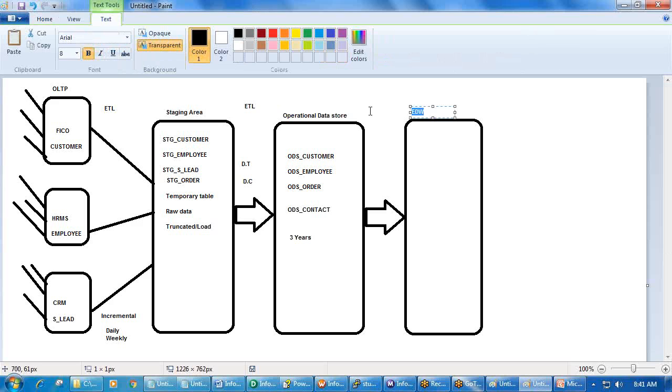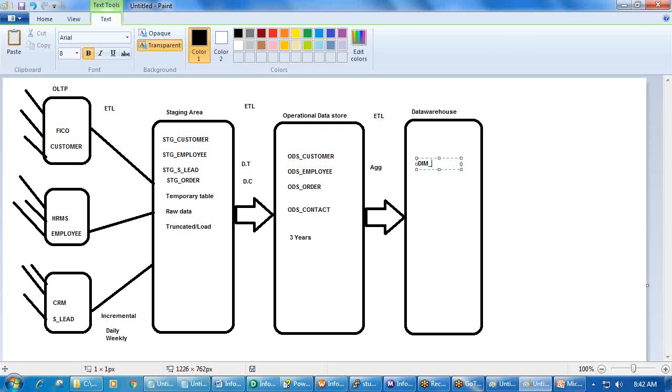We'll define another ETL process which will move the data from your operational data store, and this data will be aggregated, meaning calculated at a higher grain, like total sales, average sales. This kind of aggregated and summarized data will be loaded into your data warehouse.